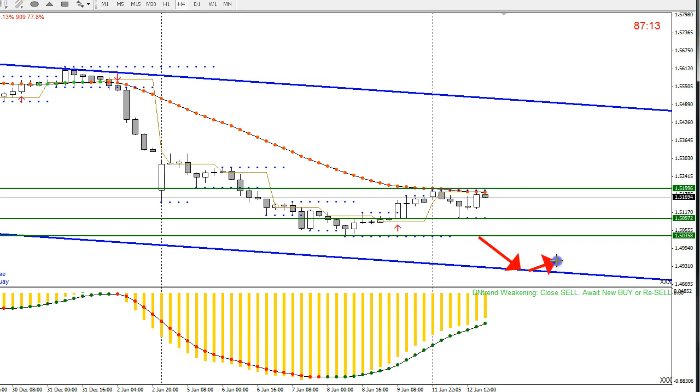So right here, either go into consolidation or go back up again. Okay, so that would be still a good play.